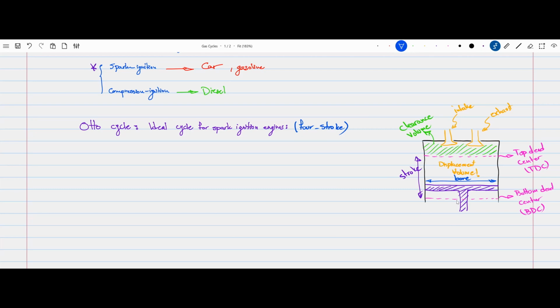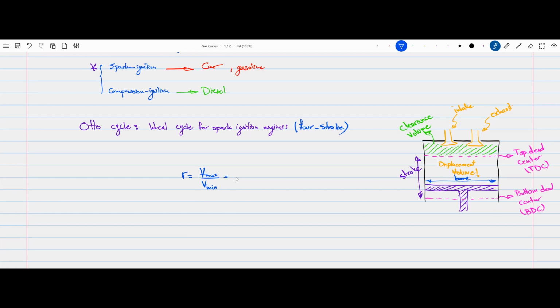Okay, so based on this little drawing here, we can introduce a very important physical property of an internal combustion engine. We show it with R, and it is the ratio of the maximum volume to the minimum volume within our system. Now, if we look at the drawing, the maximum volume for our system is the volume of the system when the piston is at the very bottom.